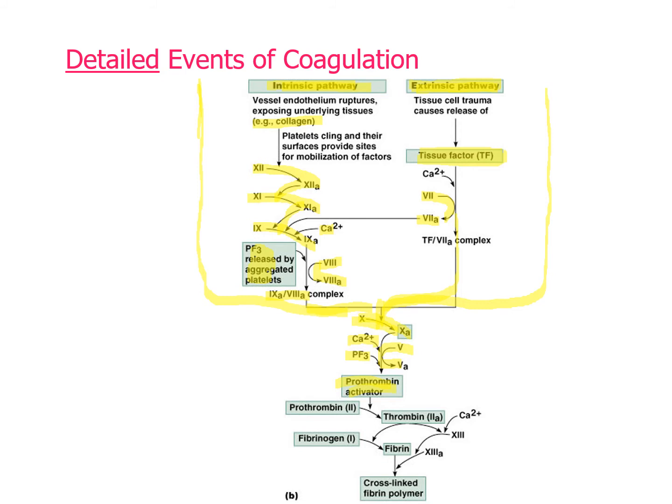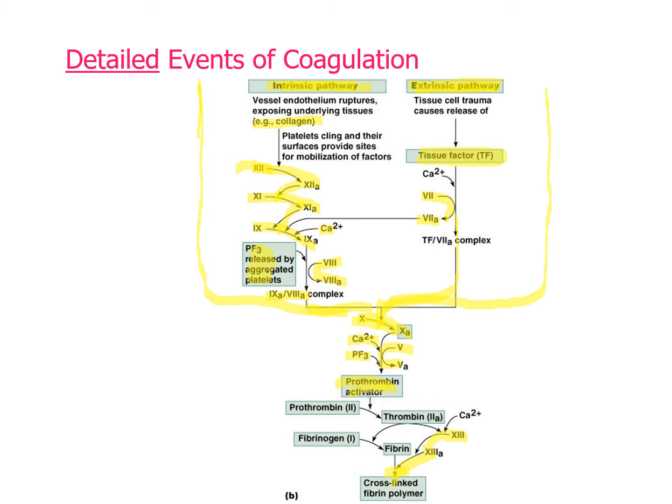I should tell you that there is another factor with a higher number, 13. Remember, it all started with 12 here, but 13 is important in that it's involved in tightening up and cross-linking of the fibrin gel, and we might mention that later also.